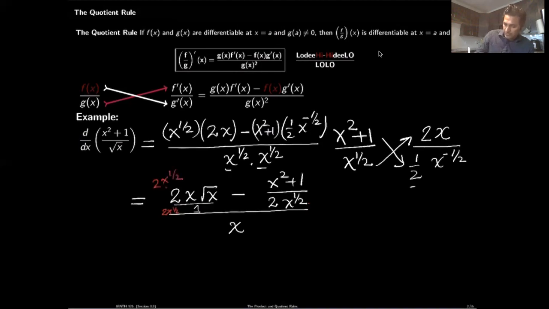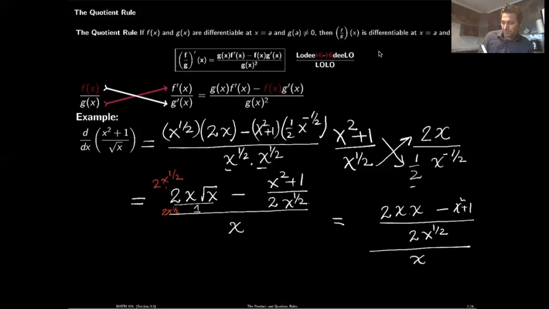Then the top becomes 2 times x times x to the power 1/2 times x to the power 1/2, which becomes x, minus x squared plus 1, and the whole thing is divided by 2x to the power 1/2, divided by x.